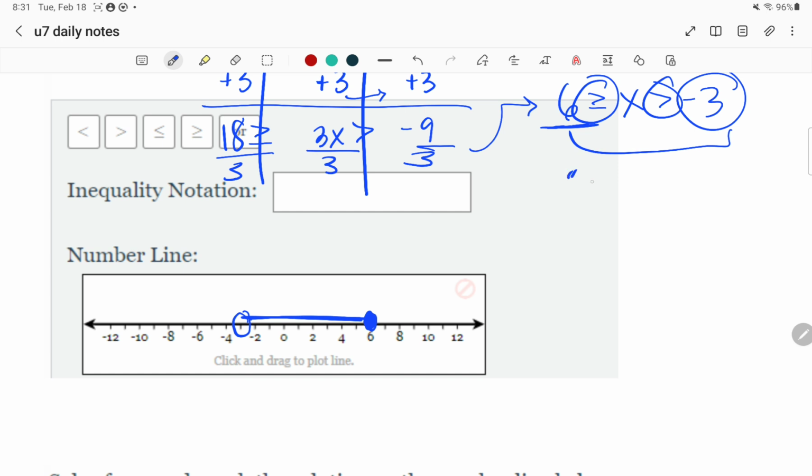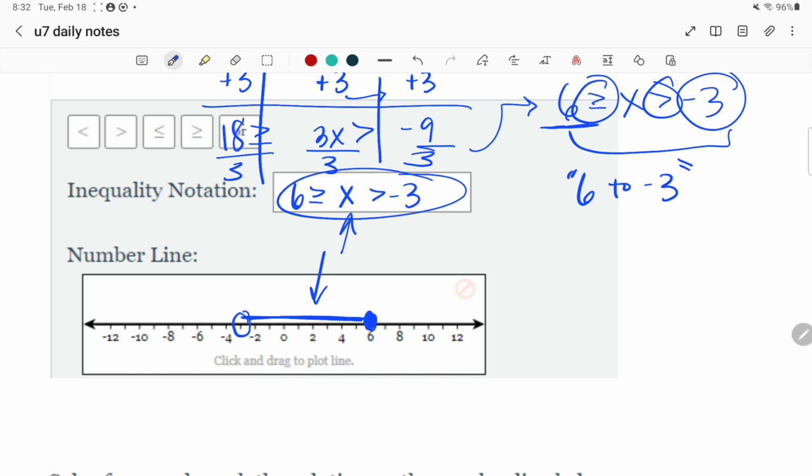What this is saying is 6 to -3. Okay? So that's what it is. It's one piece, 6 to -3. And so if I write it like that down here, I have to write it like that up here. And because it was already squished together, I am done. I don't have any more work. That's my answer. What I got is my answer.